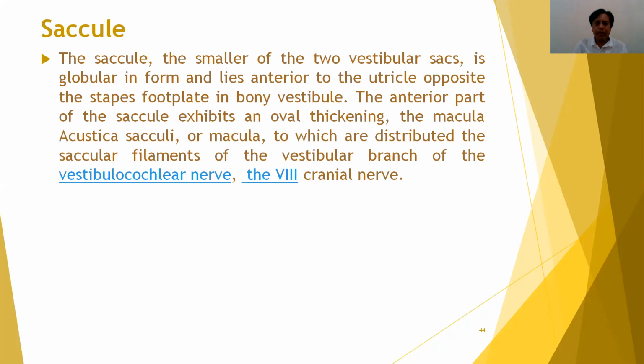The anterior part of the saccule exhibits an oval thickening, the macula acustica sacculi or macula, to which are distributed the saccular filaments of the vestibular branch of the vestibulocochlear nerve, the eighth cranial nerve.